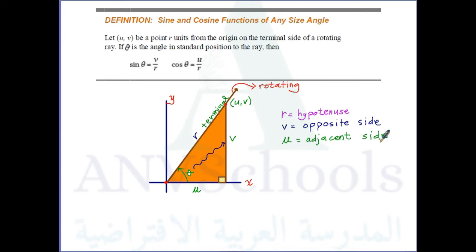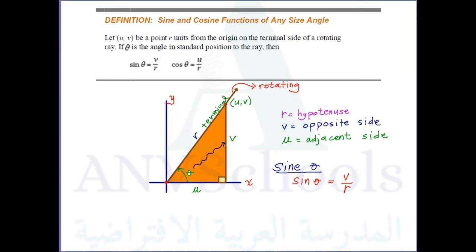So now we are going to define our sine and cosine functions. The sine of our angle theta, or just sine theta, is equal to the opposite, v, over the hypotenuse, r.